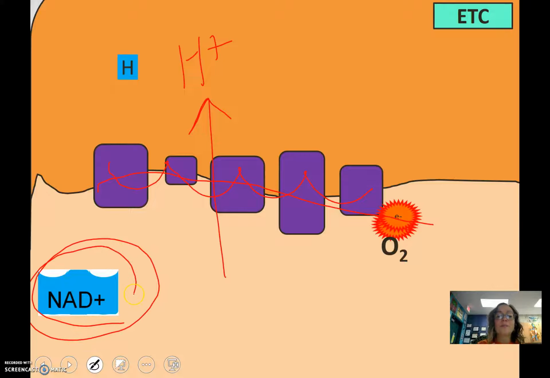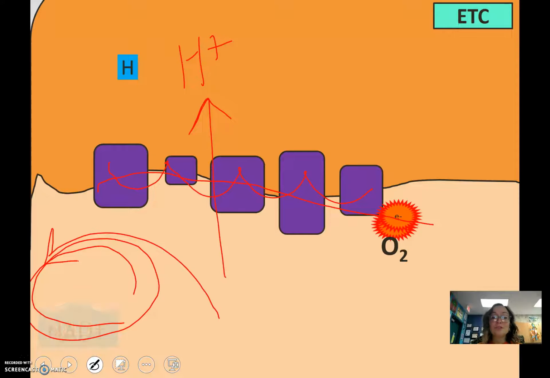Now here we see we have that reduced electron carrier. It's now back in the NAD+ form. It can go over to the Krebs cycle to be reduced again. It can go to the oxidation of pyruvate and be reduced again, or it can be used in glycolysis and be reduced again. So here we have basically recycled our electron carrier.